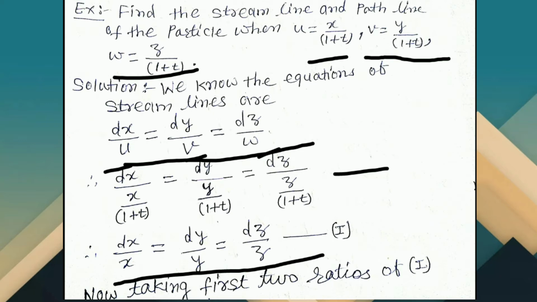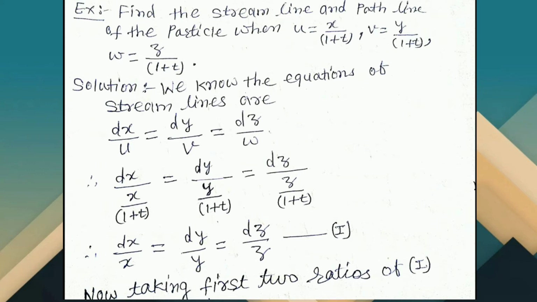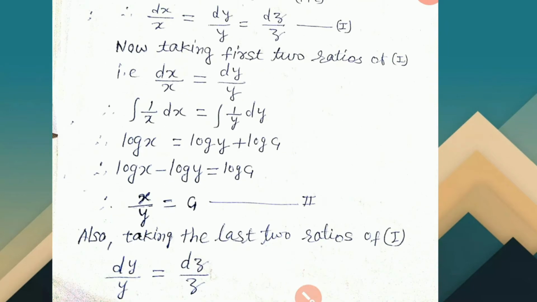Now again we take the first two ratios of this equation first. We get dx upon x is equal to dy upon y. So integrate this.